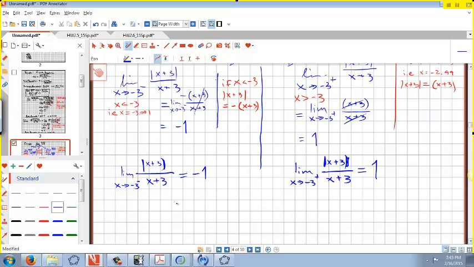Okay, so therefore the limit as x goes to negative 3 of this thing is undefined, does not exist, because the left and right limits do not match.